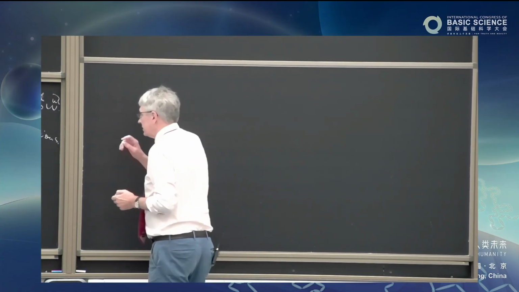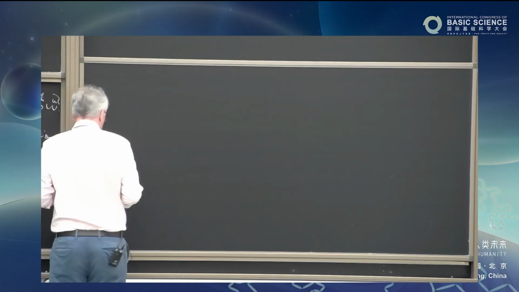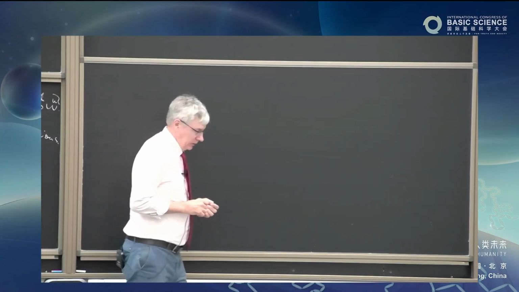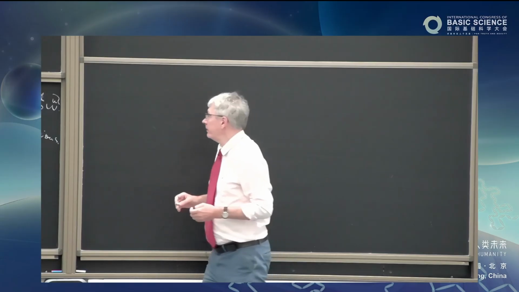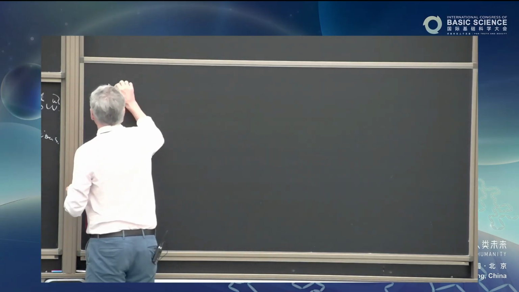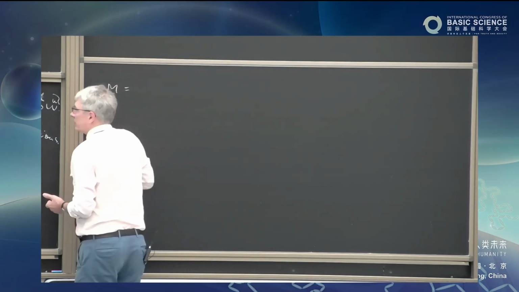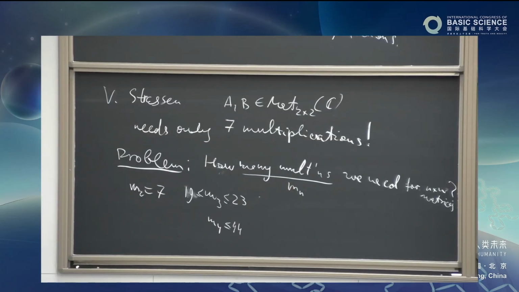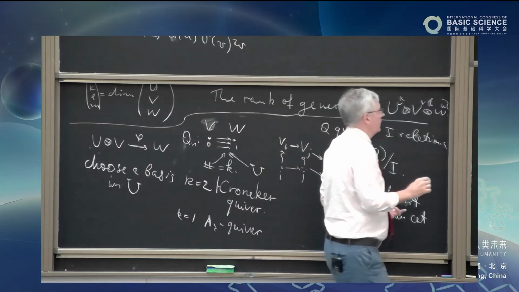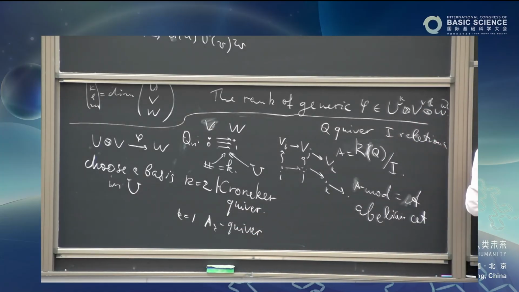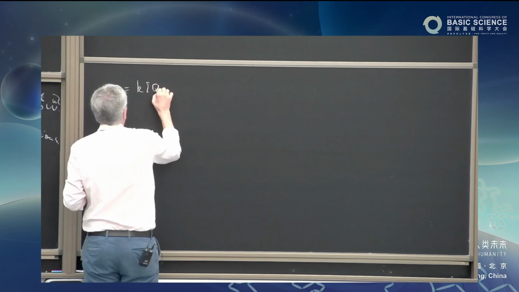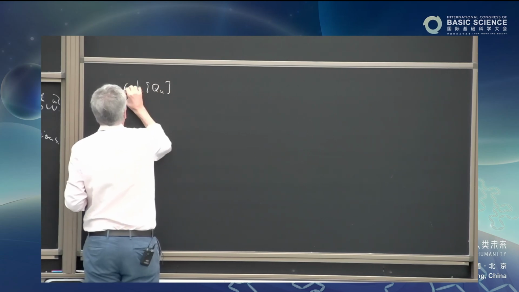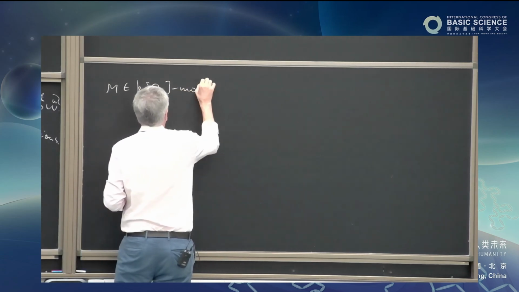For this, I should consider some special conditions. So let M be a representation of this Kronecker quiver. Let me denote it by Q_n. So it has no relations, so it's just the category k Q_n-mod which I consider, right?